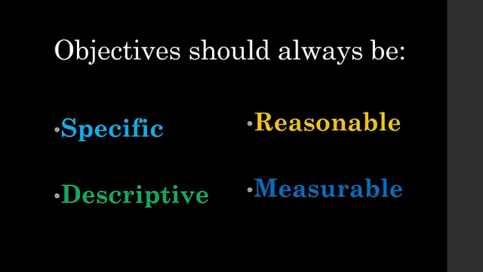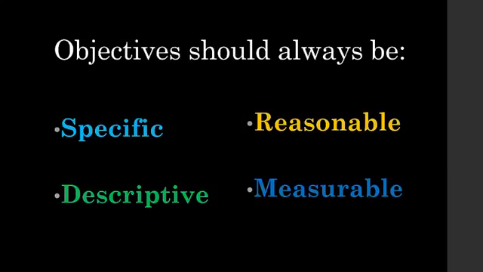Why do they need to be specific? Because we need to know exactly what skill or behavior we as instructors want to see our students develop. They need to be descriptive because we as teachers need to be able to describe to the students what we want them to do.